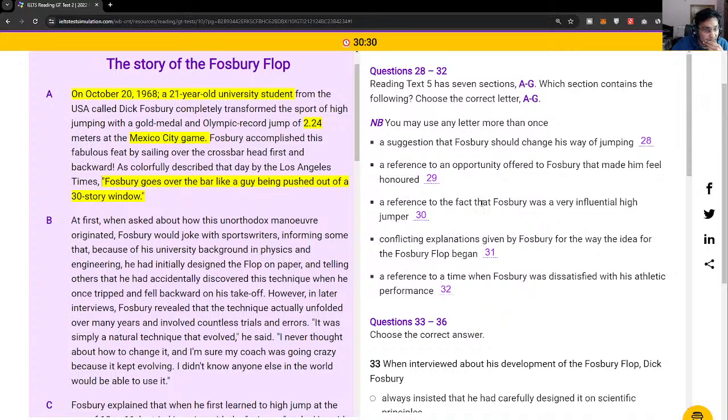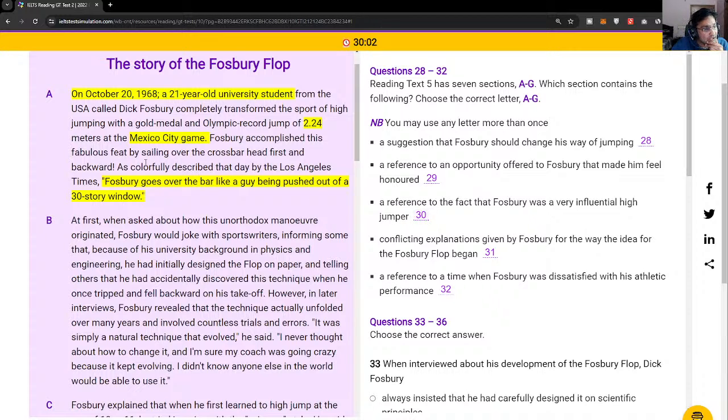A reference to the fact that Fosbury was a very influential high jumper. As colorfully described that day by the Los Angeles Times, Fosbury goes over the bar like a guy being pushed out of a 30-story window. Conflicting explanations, no. A reference to time of dissatisfied. None of the first two and the last two are matching.